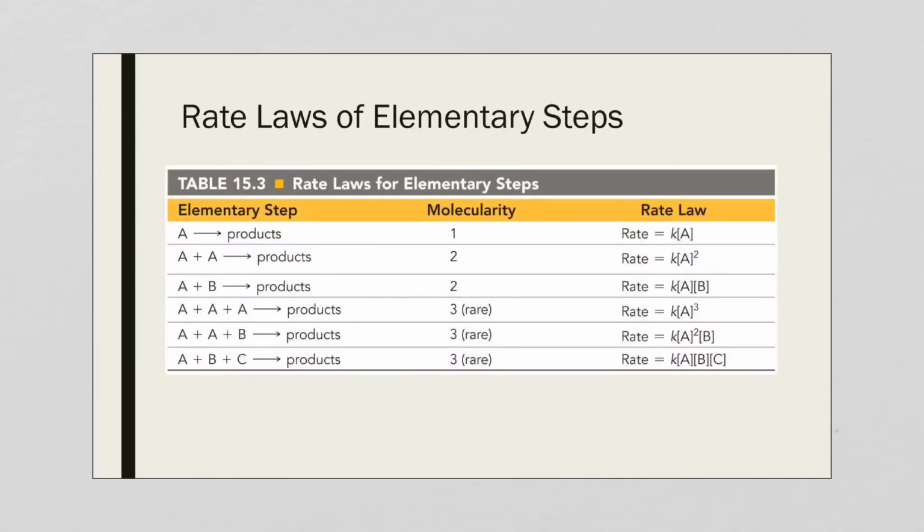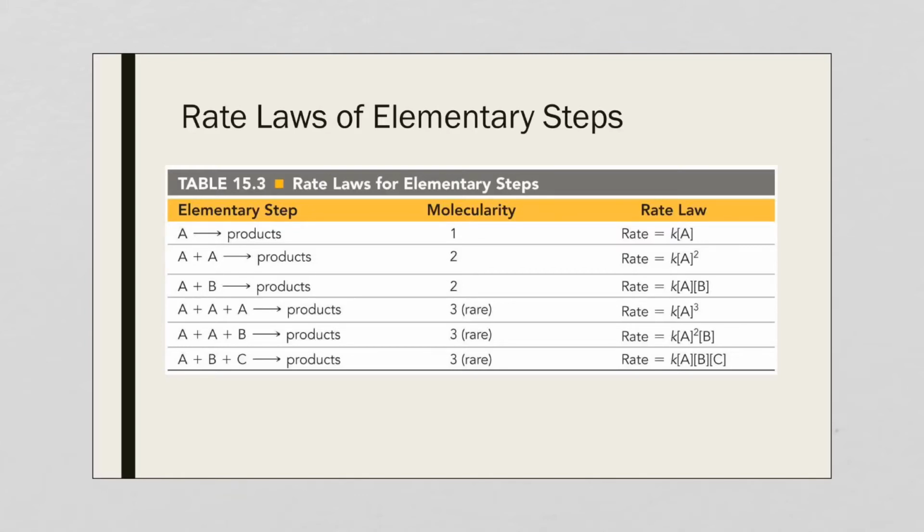So, if you want to write this for any elementary step, so if you're given a mechanism and you're told this is the elementary steps, this is how you can deduce the rate laws. So if you have a unimolecular, right, so only one molecule involved going to products, well then of course it's going to be the rate equals the rate constant times A to the first order. If you have two of the same going to products, bimolecular, right, it's going to be A to the second order in this case.